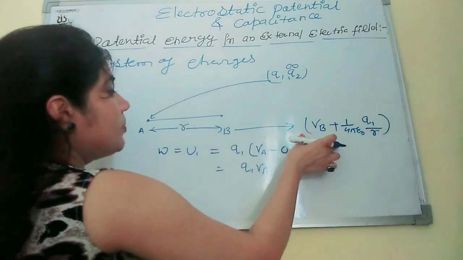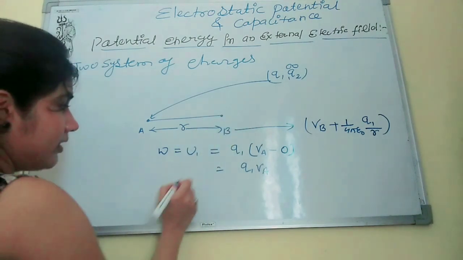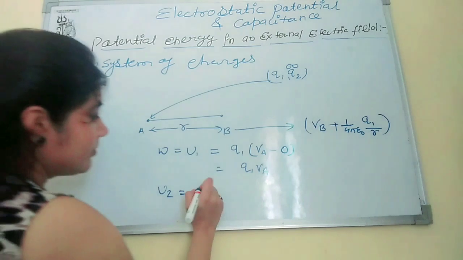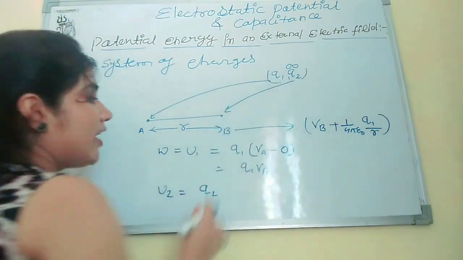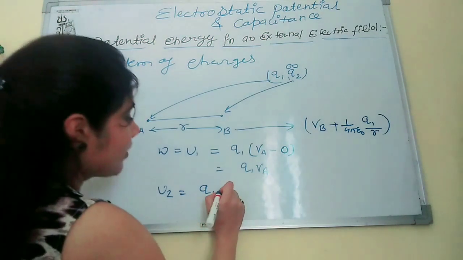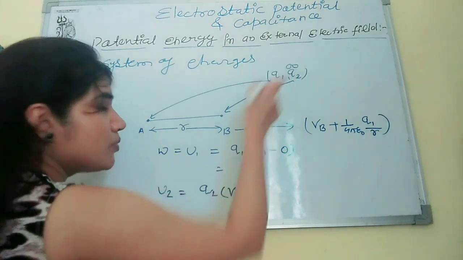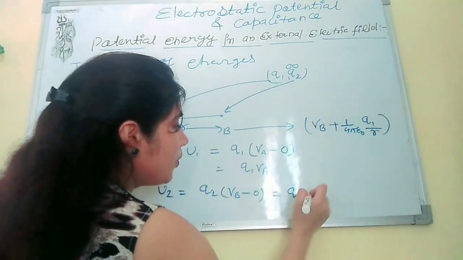Now we will find the work done, the potential energy at this point, which we are marking U2. Again the work done will be Q2, since we are bringing this Q2 charge here and doing some work. That will be VB, the potential at this point, minus the potential at infinity, which is 0. So that will be Q2 VB.